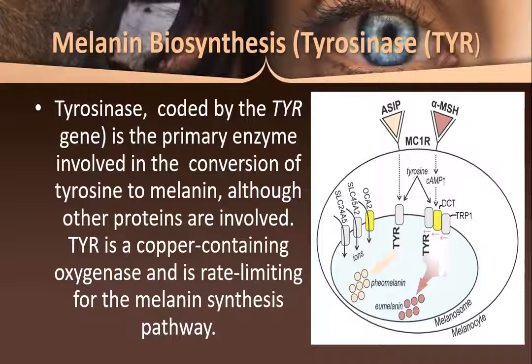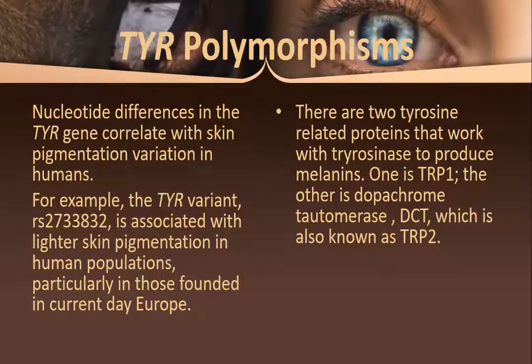leave this slide now. TYR actually has two types. For example, nucleotide difference in the TYR gene correlates with skin pigmentation. I have just told you, you can observe TYR variants in European people.